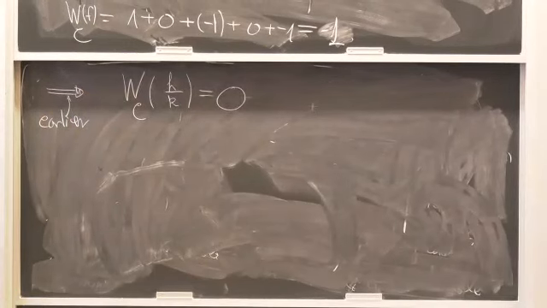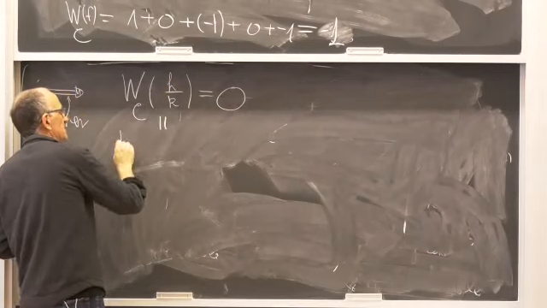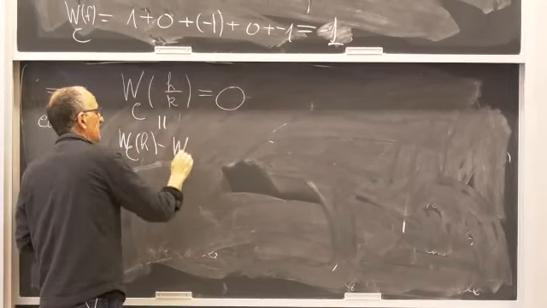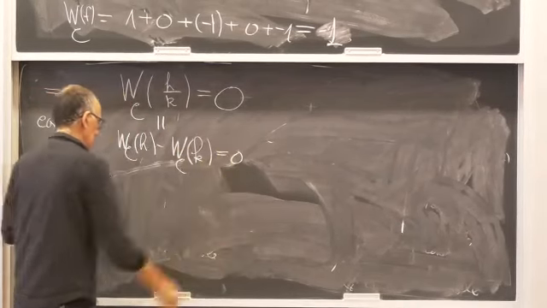But now we use this homomorphism, the fact that the winding number of a product is a sum and the winding number of a quotient is a difference. So the winding number of c of h minus the winding number of c of k is 0.